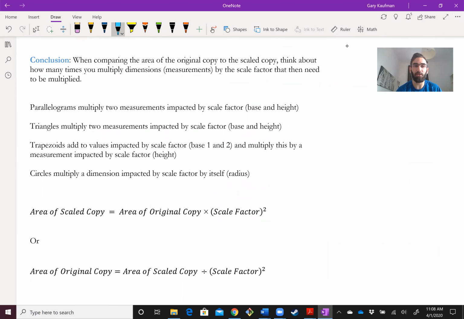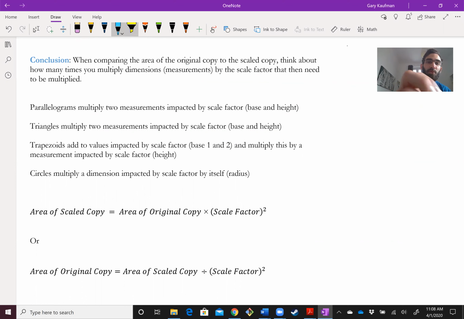So here's our conclusion. When comparing the area of the original to the scaled, think about how many times you multiply. That's why we have units squared. So therefore, we are multiplying in a parallelogram, the base times height. So that has the scale factor twice.